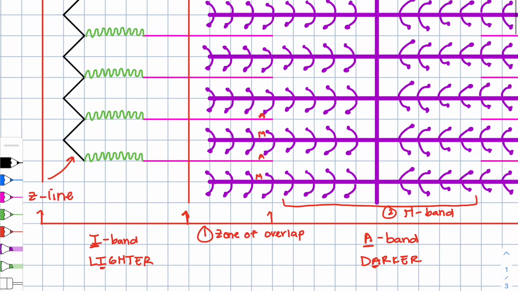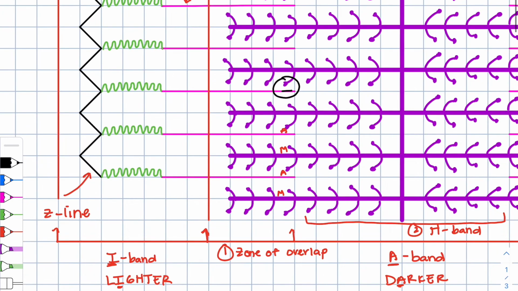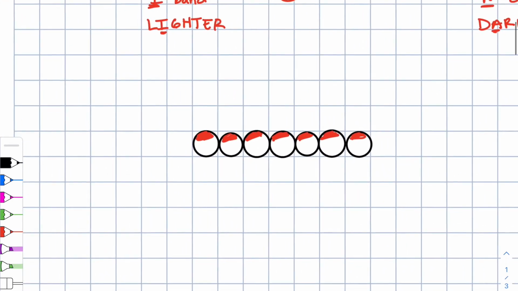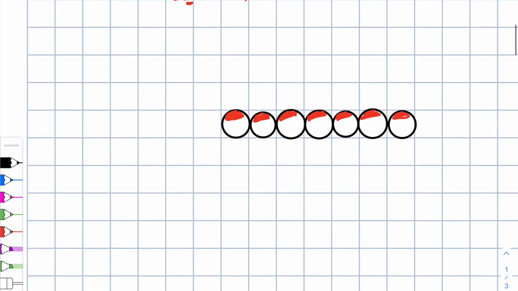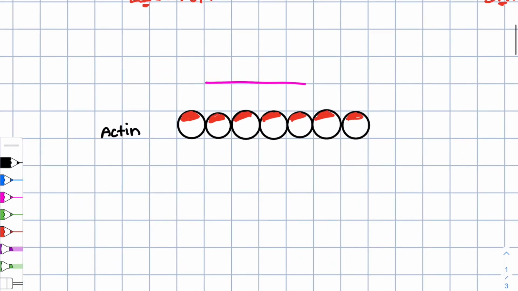So far, so good. All right, so now let's take a look at contraction, and I'm going to zoom in at this region right here. We're going to look at the actin and also the myosin with its myosin head. So this is your actin, right? I just blew it up, and instead of being this line, I zoomed in on that line, and you can see all of these little spherical shaped structures.